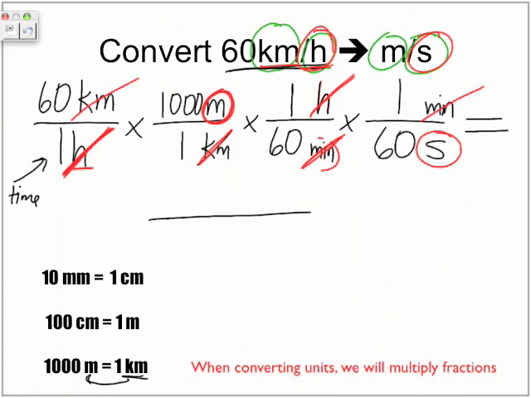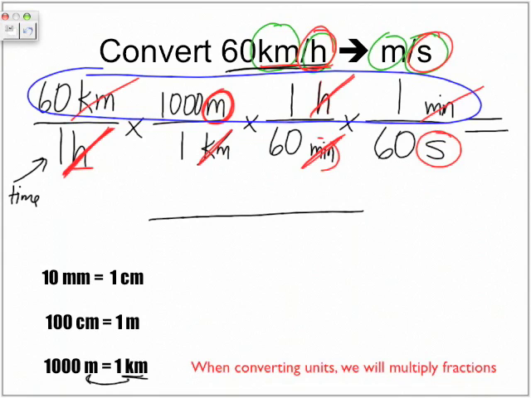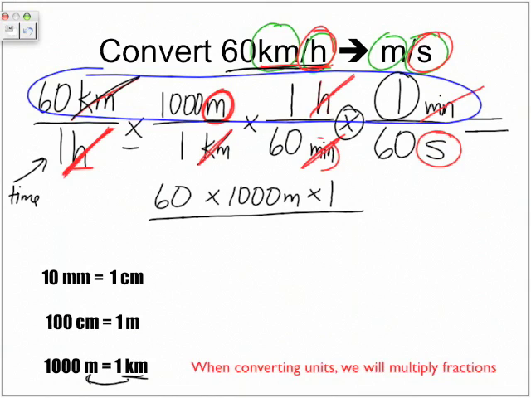So now, same rules apply. We're going to collect everything in our numerator. Here in the numerator, this is what we have. We have 60, no more units, because kilometers cancel out, times 1,000 meters. Those haven't canceled out. Times 1. Times 1.